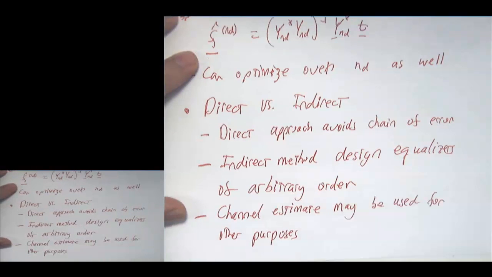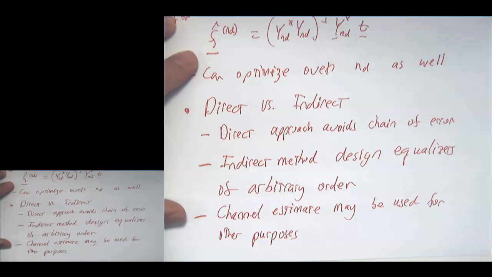So that's an advantage of the indirect method. And it turns out that the system itself derives information from the channel estimate. For example, the average received signal strength that's used in link adaptation, link layer control. It can be used in scheduling. It can be used for many other purposes here. So the indirect method is a bit more flexible, but the direct approach, if you were designing a small equalizer, should give you better performance, I think.